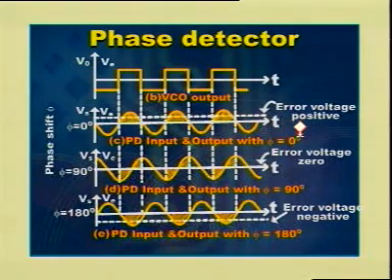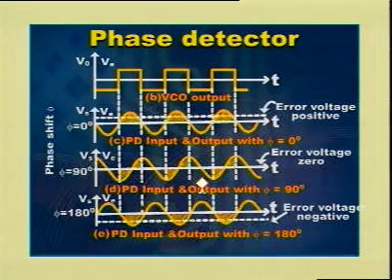If the phase difference between the input signal and the VCO signal is 90 degrees, as shown in figure D, we get the dashed portion as the phase detector output and error voltage will be equal to 0.